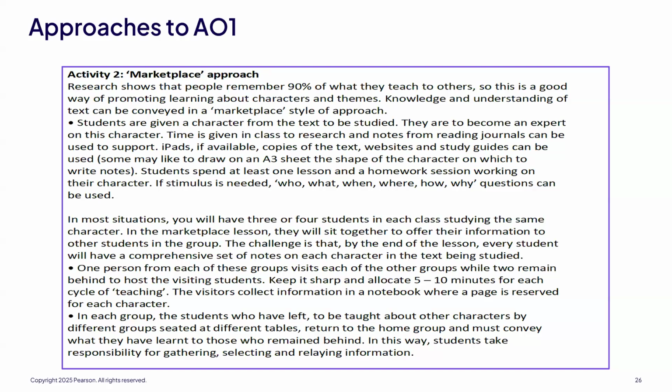So this is for AO1. So it's relevant for the prose, the drama, the literary heritage texts. It's activity 2. It's on page 46 of the Getting Started guide. I'm going to pause for a moment and allow you to have a little read through that, and just to pop any other good tips that you've got on teaching AO1. So just give you a moment to read through that.